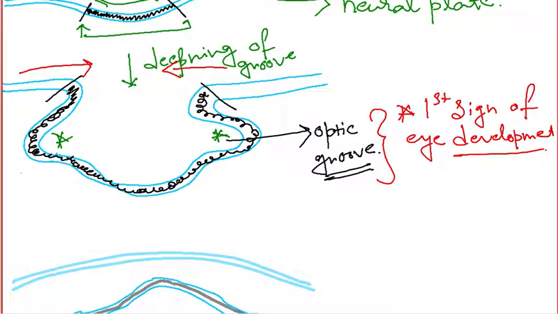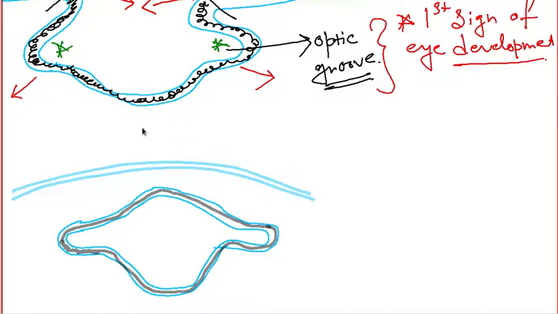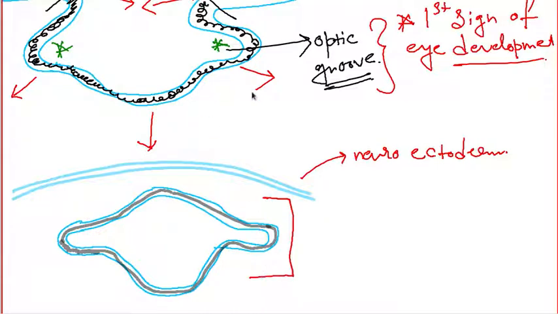These groove parts will go into the lateral sides, and this will come in contact with this part, and they will separate out and form two structures. This part is called neuroectoderm.